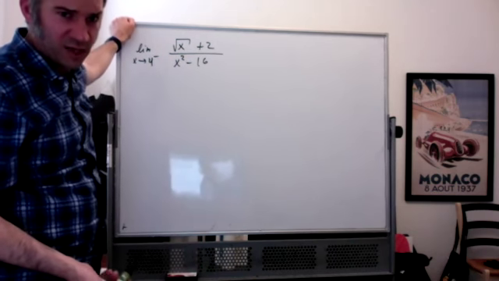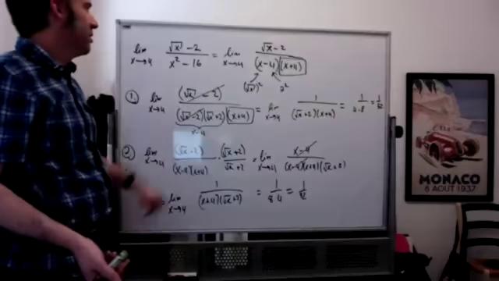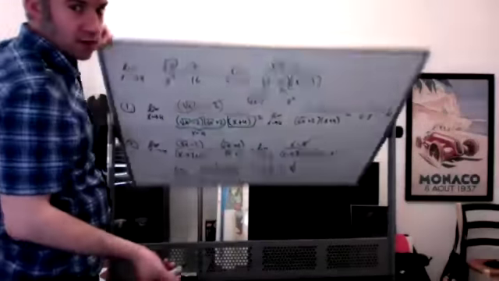Sorry, I said 4 and wrote 2 at first. So it looks almost the same as the previous one. The only difference is that now it's a plus 2 on top instead of a minus 2.